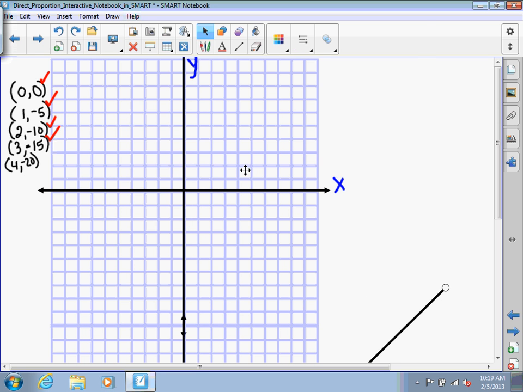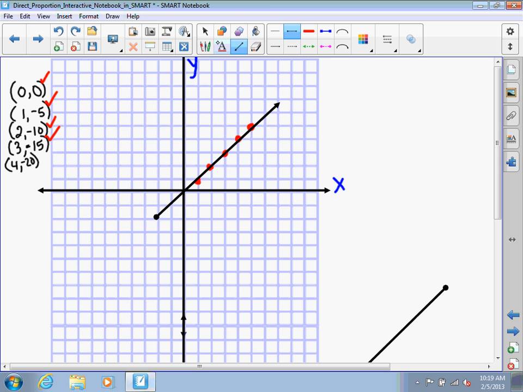Okay? Graph. So 1, comma 1, 2, comma 2, 3, and then go up 3, comma 3, 4, and go up 4, and then 5, go up 5. Okay, we take our ruler, and we plot it, and look, it goes through 0, 0.